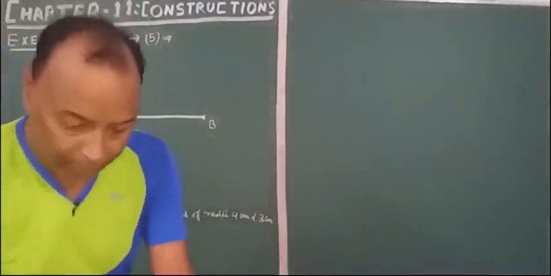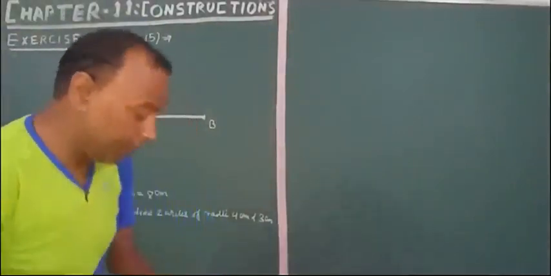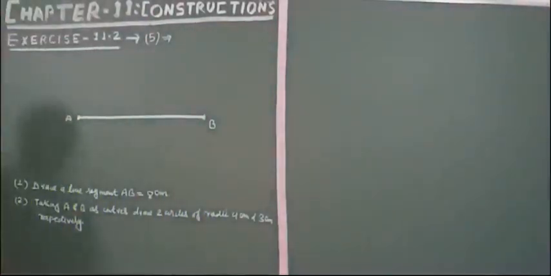Now, taking A and B as a center, draw the circles of radii 4 centimeter and 3 centimeter.